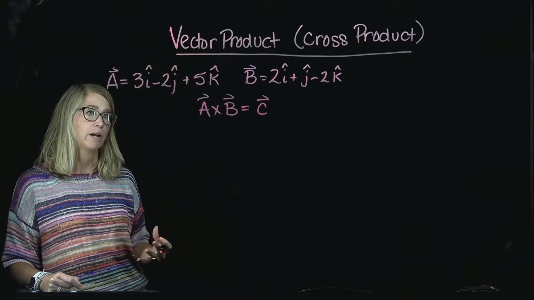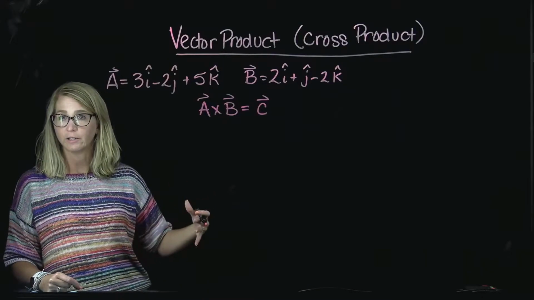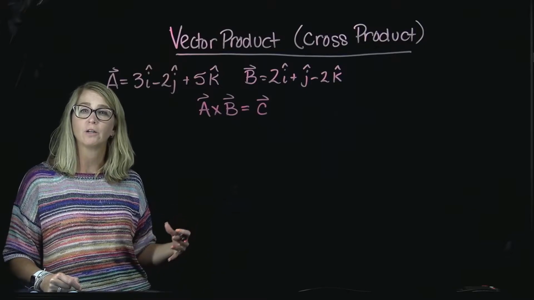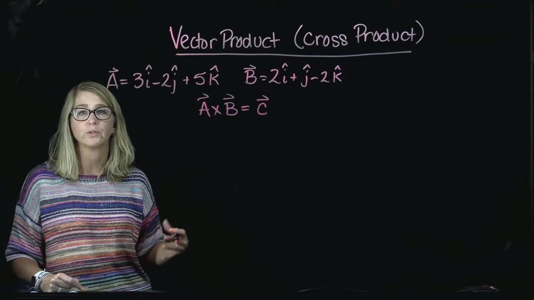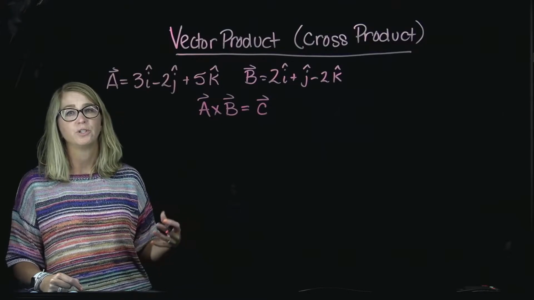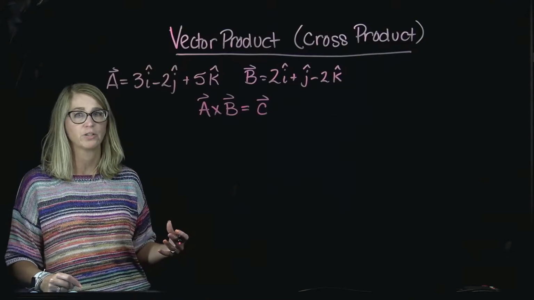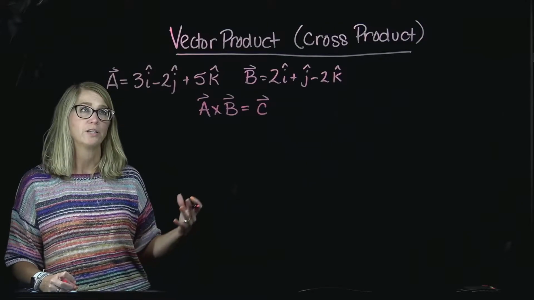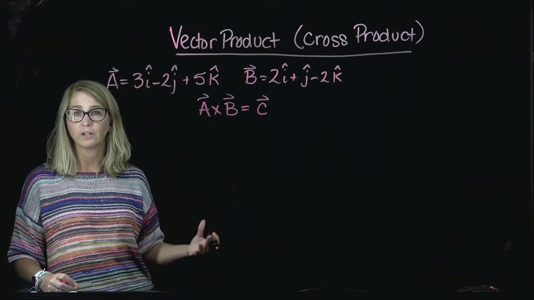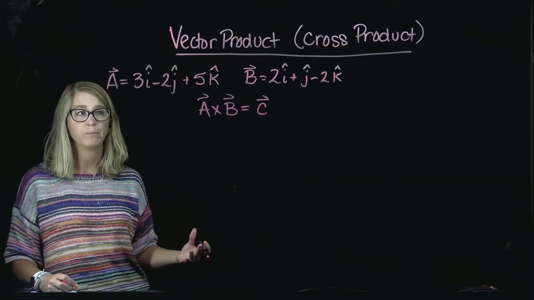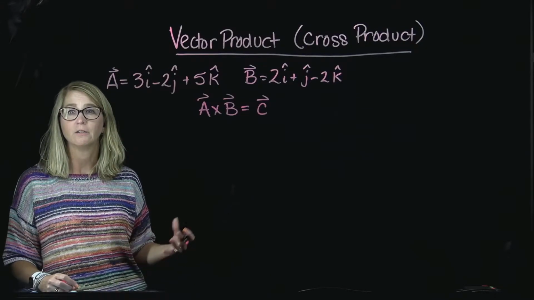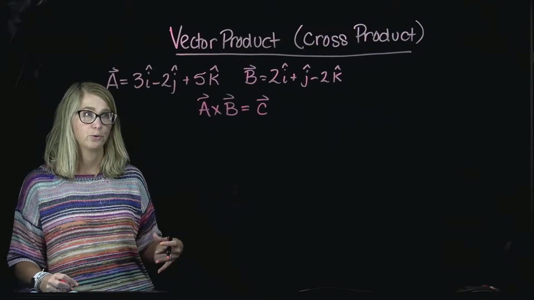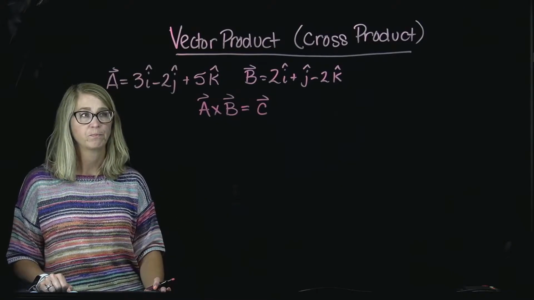You might have read already near the end of chapter 2, there's also something called the dot product, or the scalar product. The difference between these two operations is that the vector product gives us a vector in the solution, but the dot product gives us a scalar as a solution. And that's where they get their names.